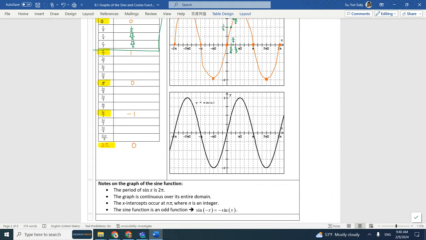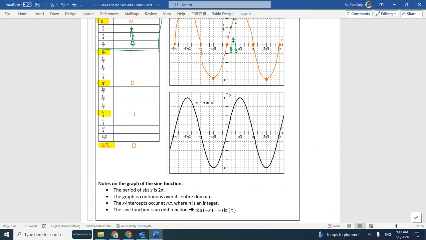Also, do you remember last time I explained what an even function is and what an odd function is? An even function, like x squared, is symmetric with respect to the y-axis. An odd function, like x cubed, is symmetric with respect to the origin. Look at the graph of sine.